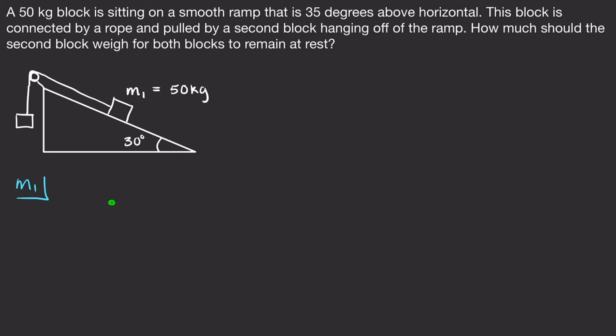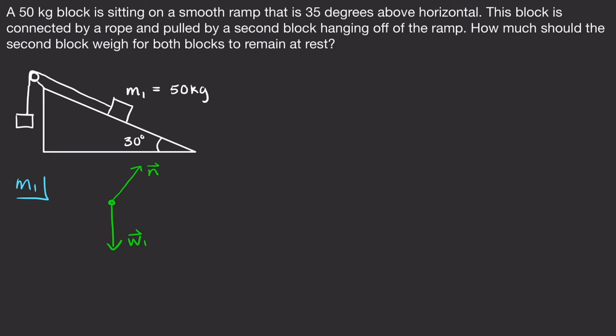So I'll start with mass 1. Since mass 1 is on the ramp, I'm going to draw it with a rotated coordinate system. So the normal force is going to be perpendicular to the ramp, and the weight is always straight down toward the earth.